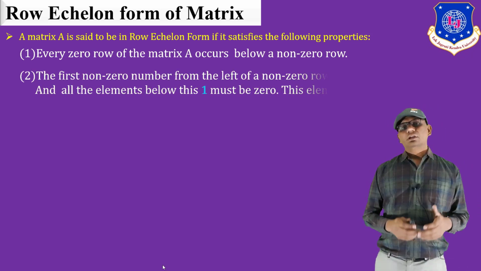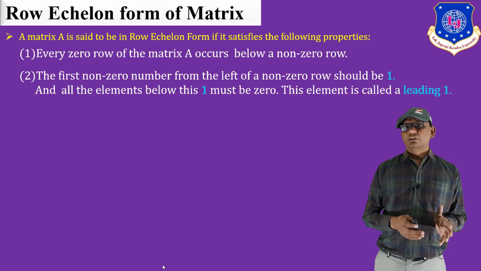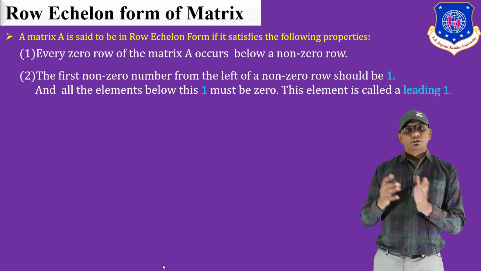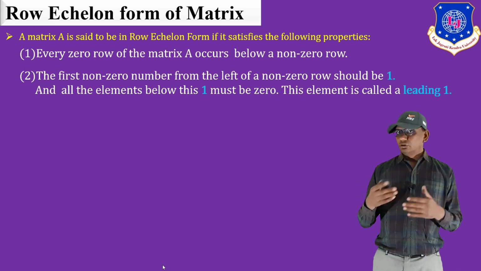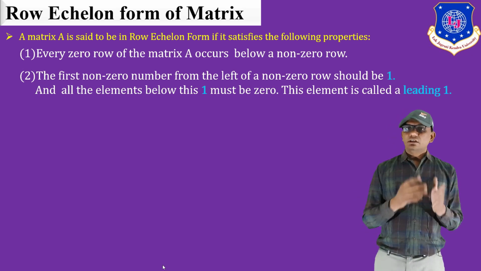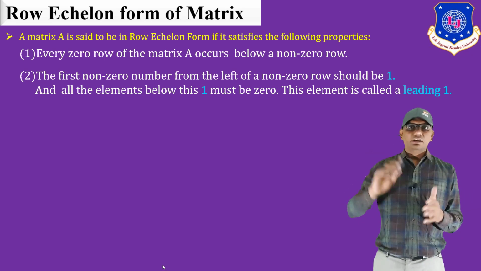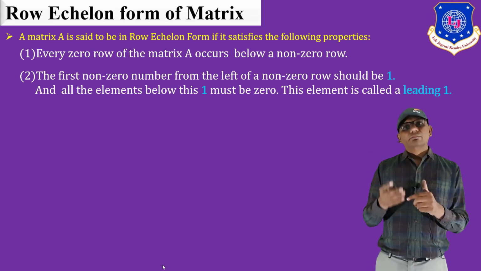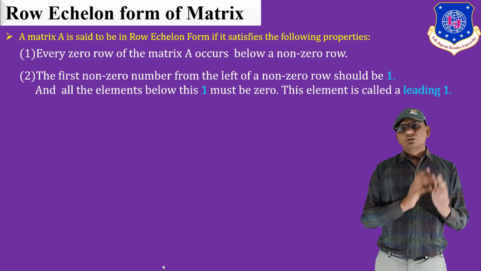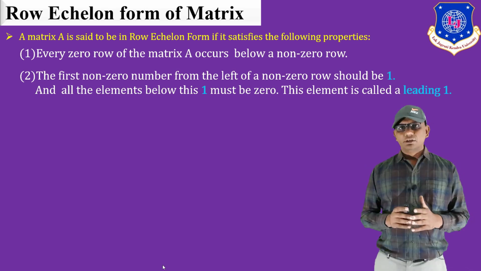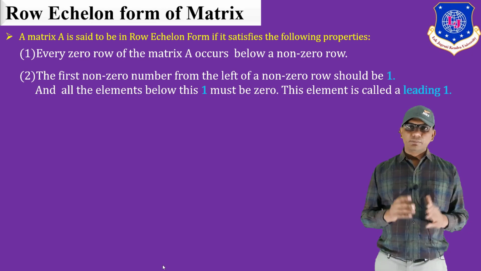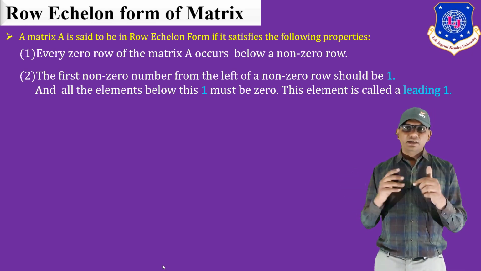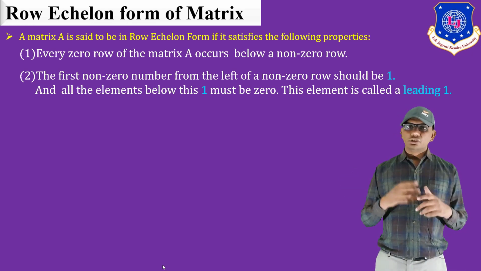Now we will see the second property of the row echelon form. In this property, the first non-zero element of each non-zero row from the left-hand side should be a 1. If it is not 1, then we can divide the whole row by that particular non-zero number and convert it into 1.